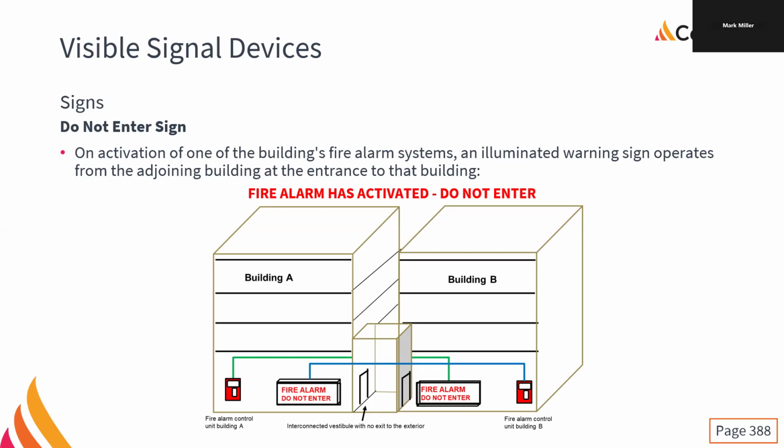So we put fire do not enter signs in. The fire do not enter sign that is in building A that we see as we walk towards building B is controlled by the building B fire alarm panel, because that's the one that knows it's in alarm.